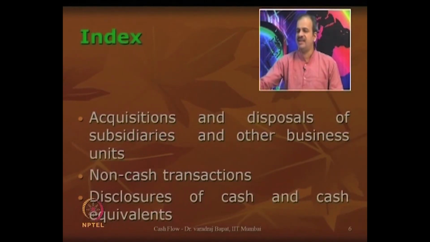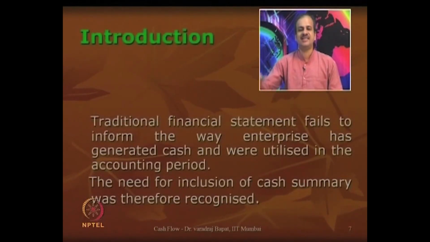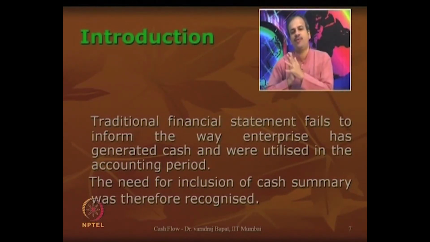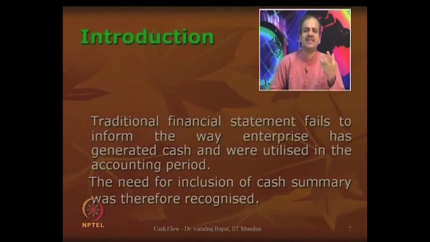Okay, now let us see what exactly is cash flow statement and why it is important. Typically, as we discussed just now, financial statements include balance sheet and profit and loss account. Now, what do you understand by balance sheet? What is shown in the balance sheet? Does anyone remember what is balance sheet?